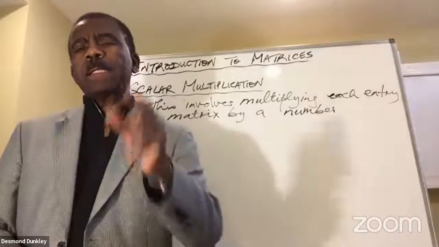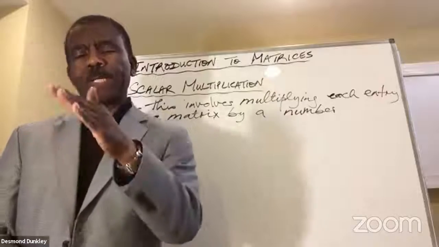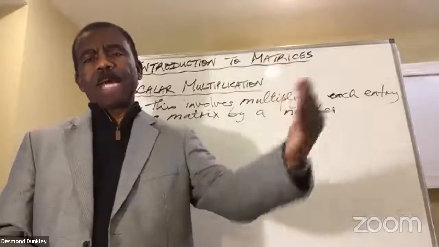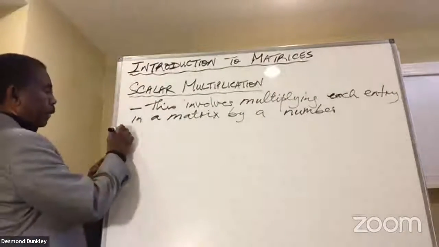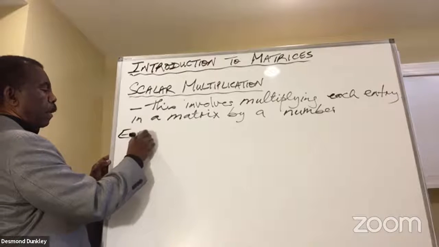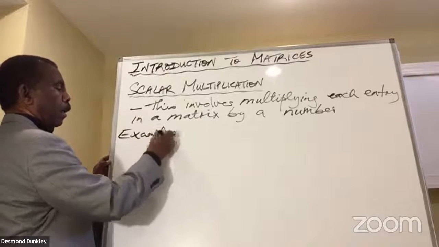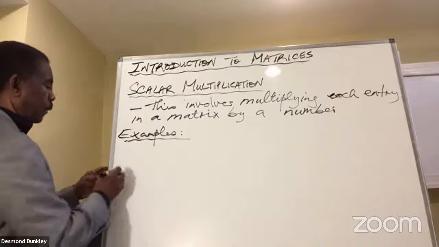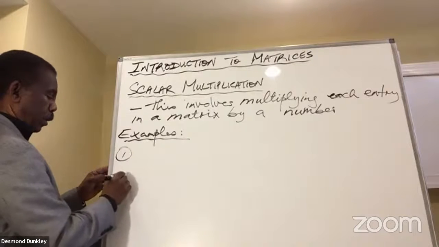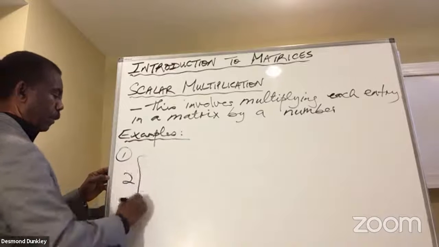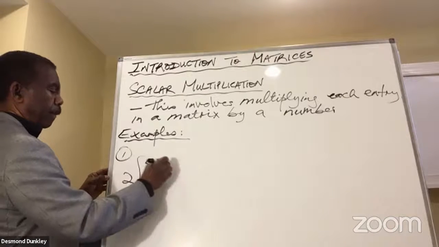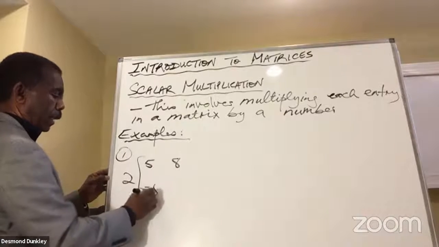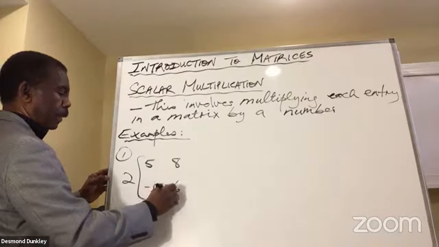And the result is each entry in the matrix gets multiplied by that number. Example. If I ask you, so let's use number 1. 2 times 5, 8, negative 5, 6.